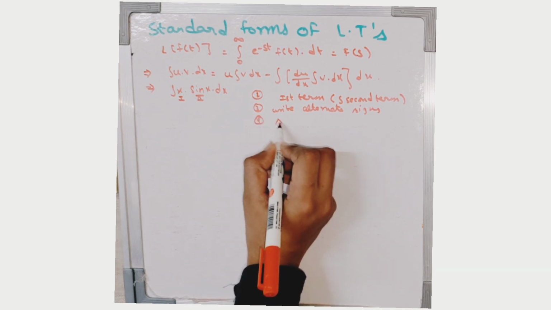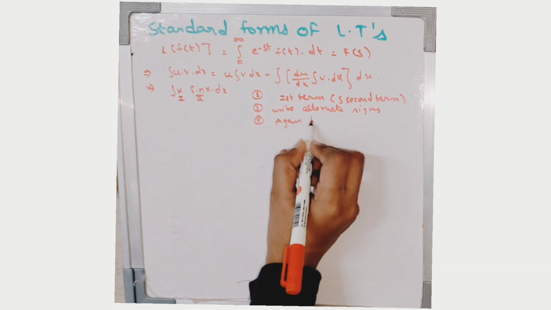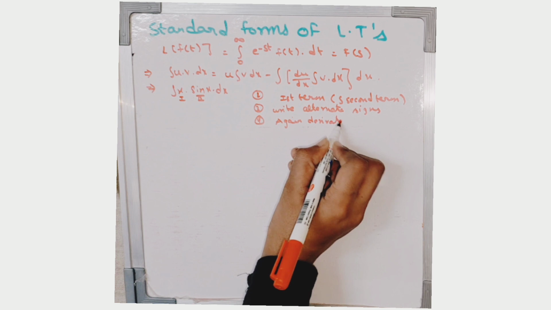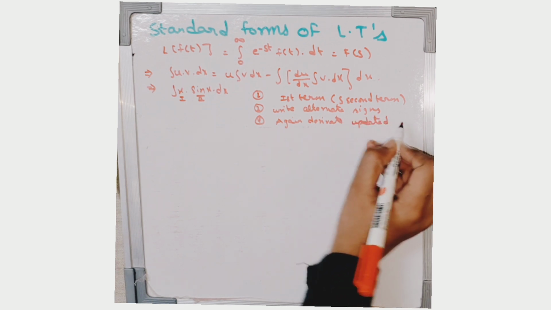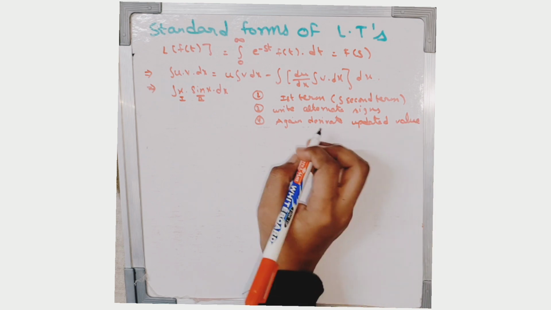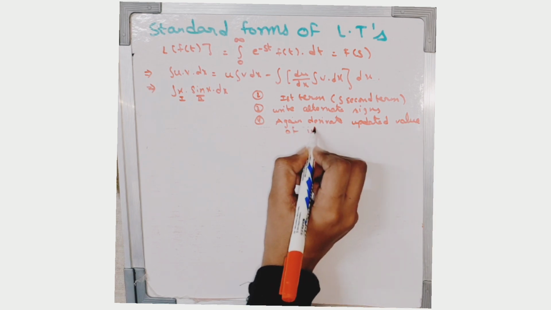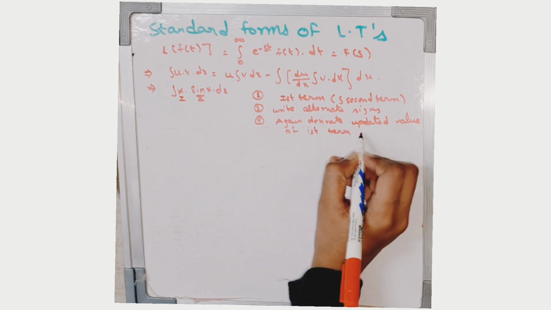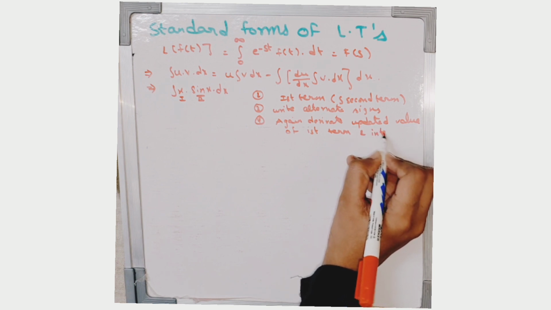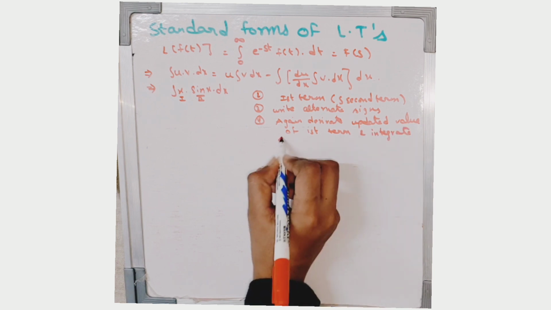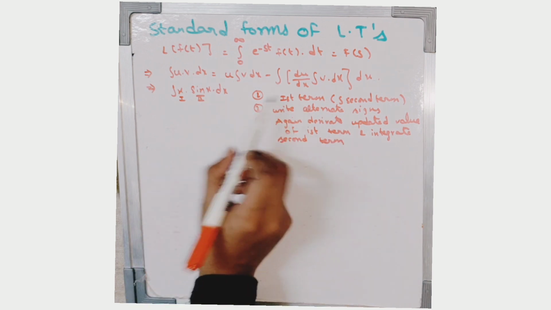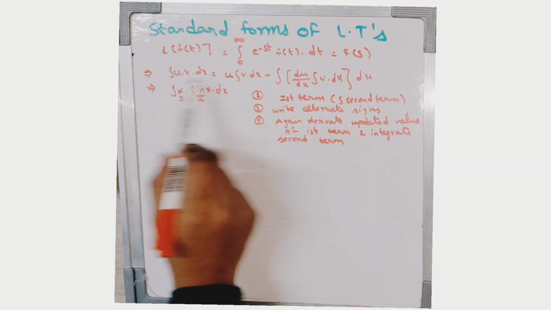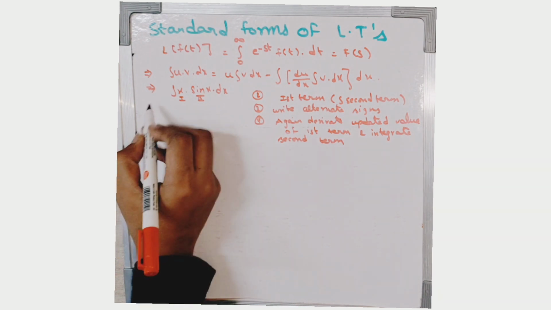The fourth step is again differentiate the updated value of first term and integrate the second term. These steps are just an alternative to this formula, in a simple way.